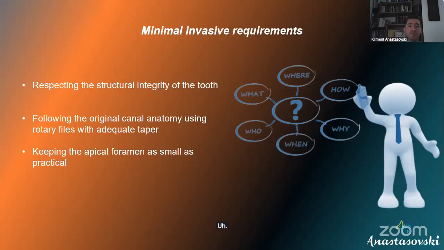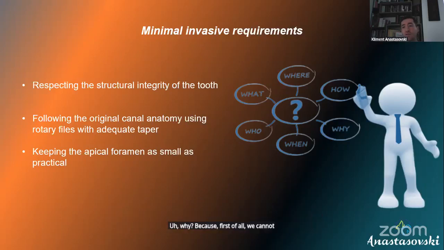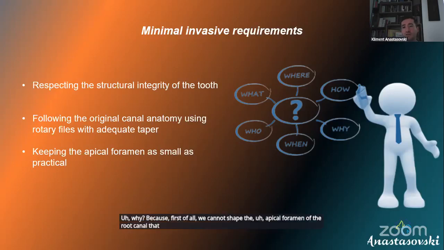And at last, we need to be keeping the apical foramen as small as practical, as Dr. Schilder stated in one of his mechanical objectives. Why? Because first of all, we cannot shape the apical foramen of the root canal that we are shaping.